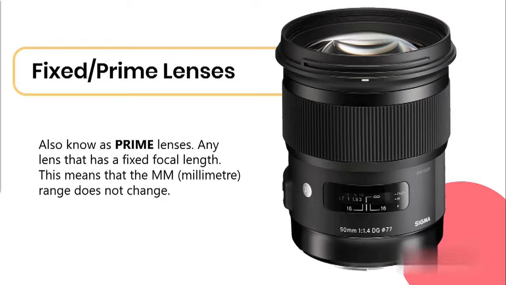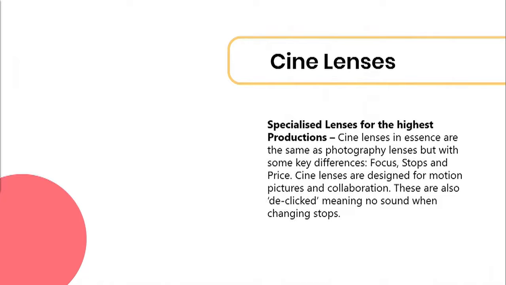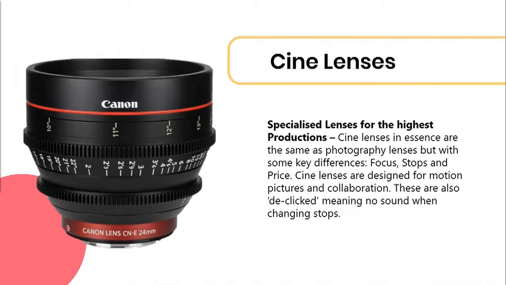Now, the third type of lens when it comes to video are cine lenses. Cine lenses are very specialized lenses when it comes to movies in particular. These are the top of the top lenses when it comes to any type of lens construction. And there's a couple of different reasons for that.